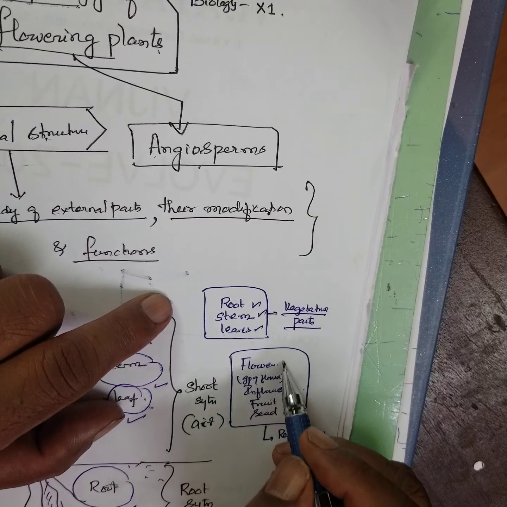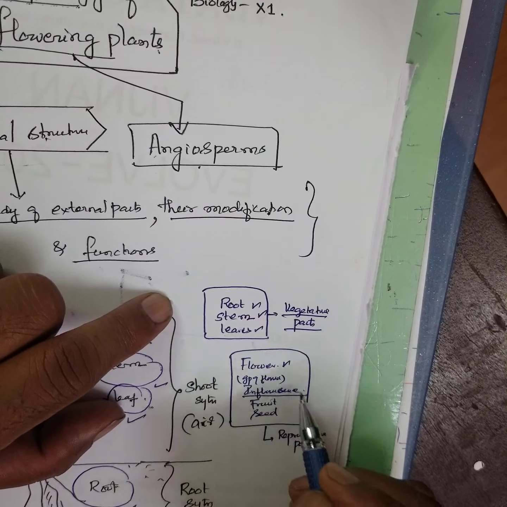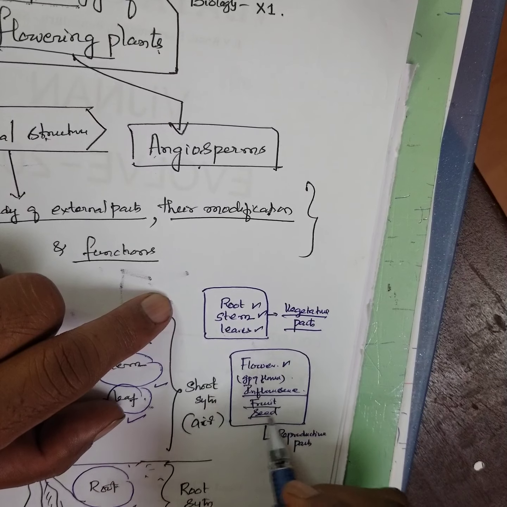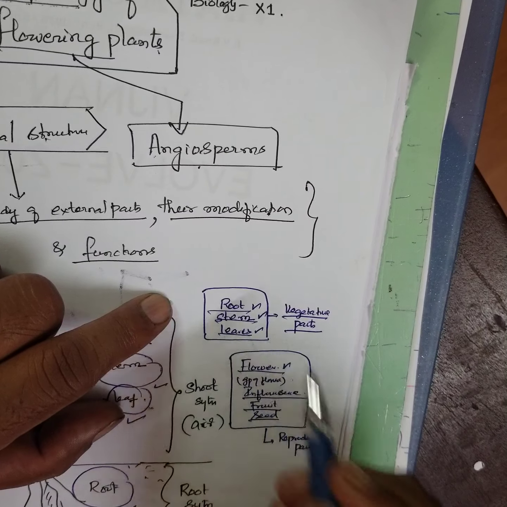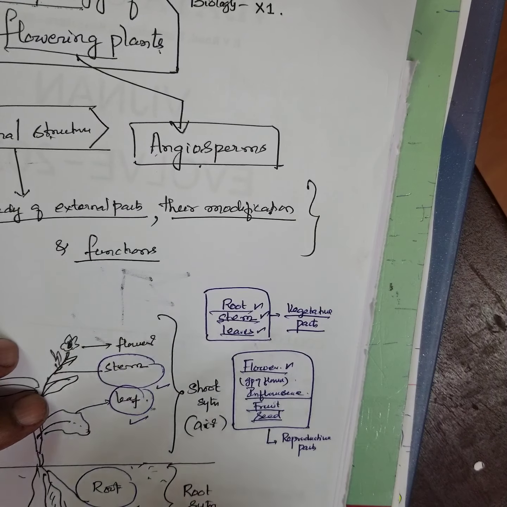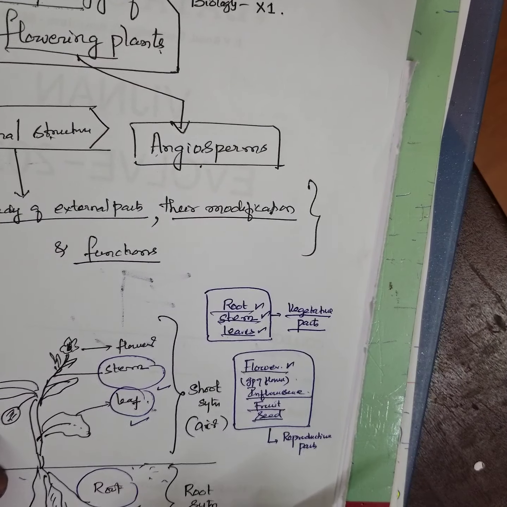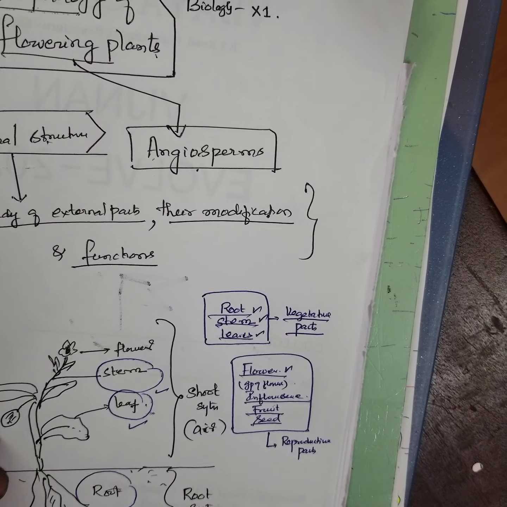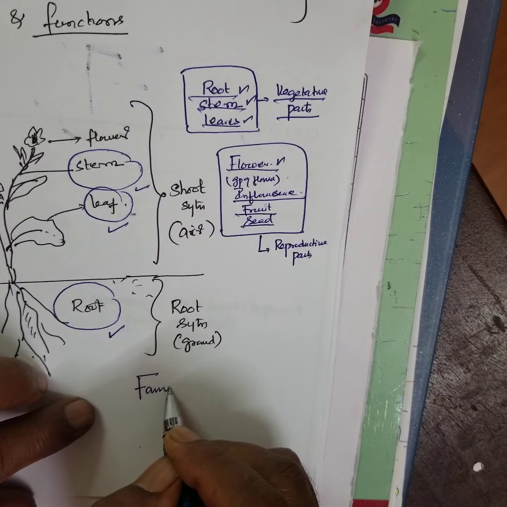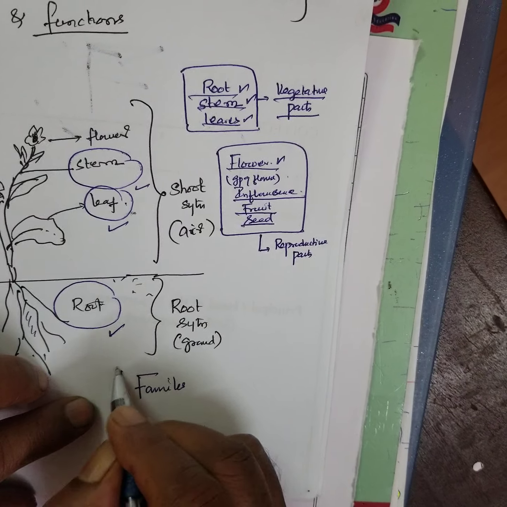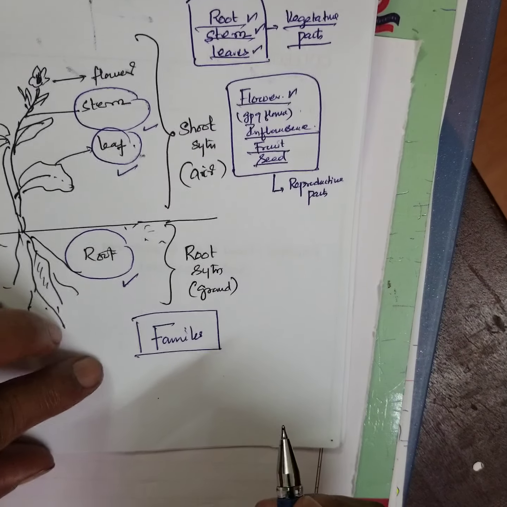And the reproductive parts are flower, inflorescence, that is a group of flowers, fruits and seeds, right? Therefore, we are going to study some families also in this chapter.